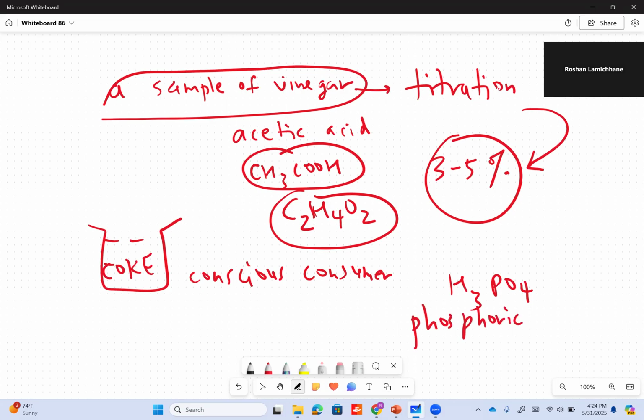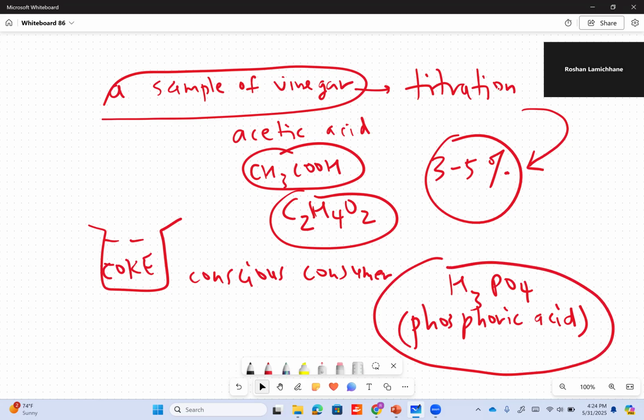But Coke doesn't tell us how much phosphoric acid is added, maybe. As a chemist, I can figure out the amount of phosphoric acid in a can of Coke by the method of titration. So that's the concept of titration.